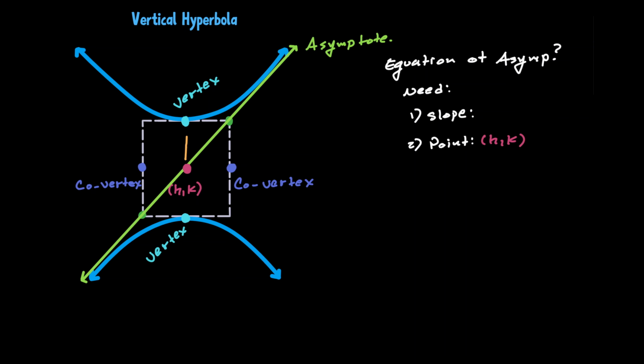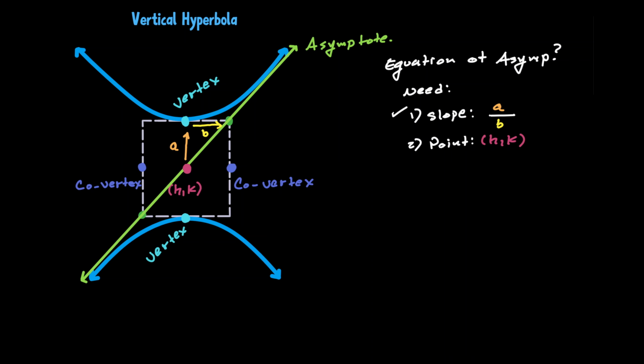The distance from the center to the vertex, we can represent using the letter A. And the distance from the center to the co-vertex, we can represent as B. But this is the same distance that we have here on the top. So now we can define the slope of this line as A divided by B, rise over run.